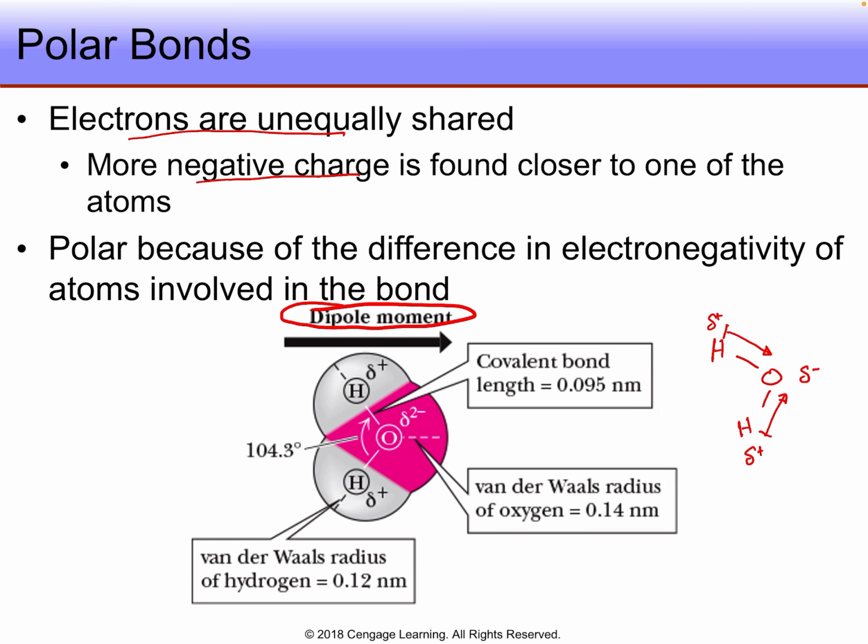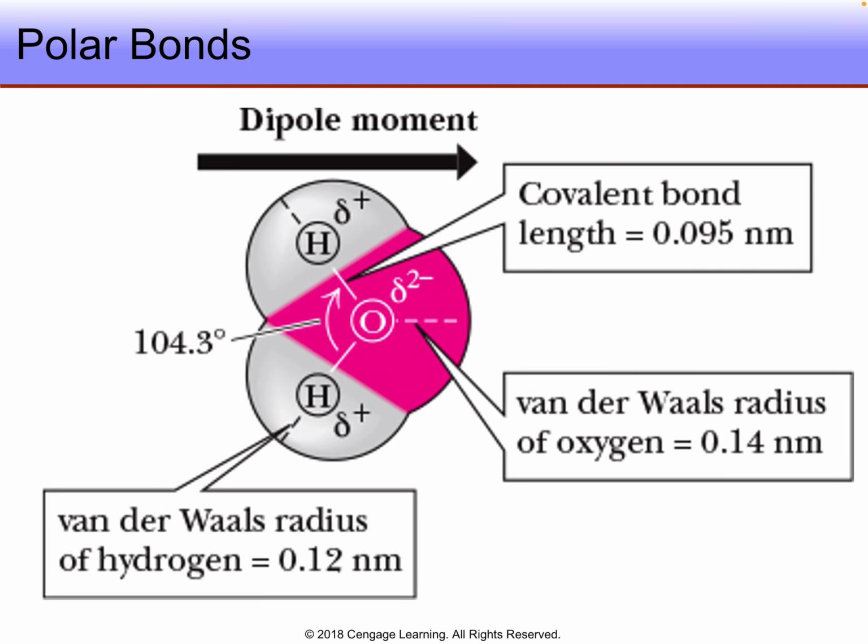And the arrows are traditionally drawn with a plus on one side, and that is where the partial positive charge is, and the head of the arrow is where the partial negative charge is. For water, these two dipole moments align along the OH bond, like this. But in the vertical axes, the dipole moments cancel, and when they sum, you have one in the horizontal plane on this representation pointing towards the oxygen.